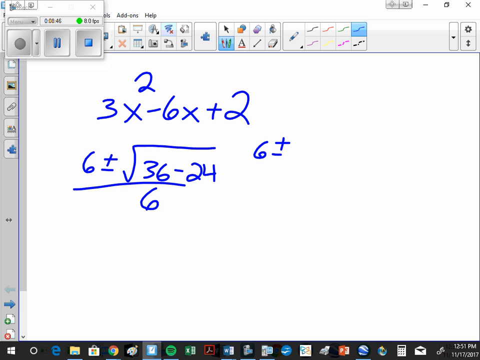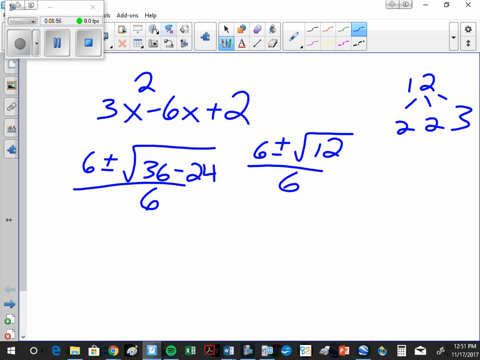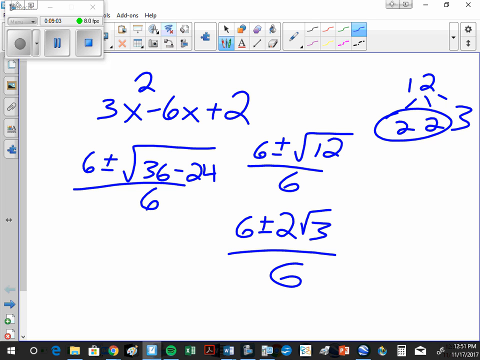So I get 6 plus or minus the square root of 12 over 6. And once again, 12 is just 2, 2, and 3. Pull out a 2. 6 plus or minus 2 root 3 over 6. Nope. I can still take out a 2. Take a 2 out of all of those. 3 plus or minus root 3 over 3. Is everybody okay with that?